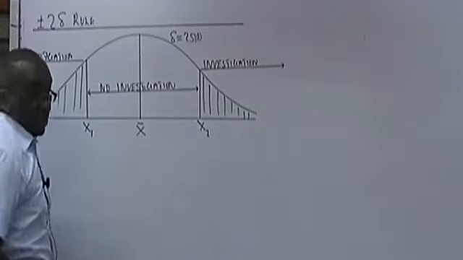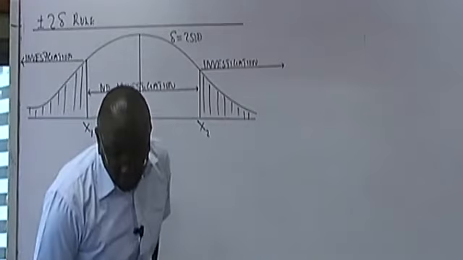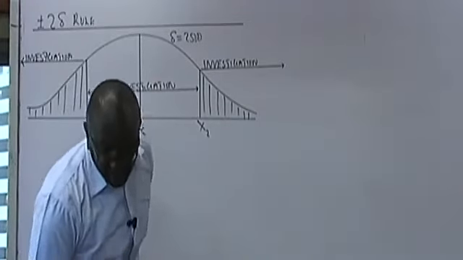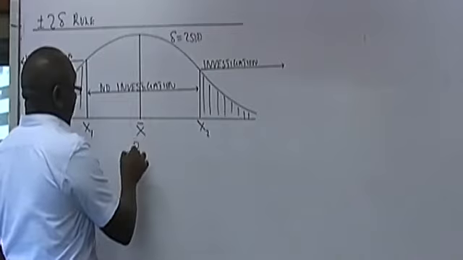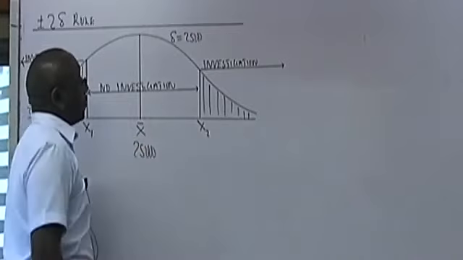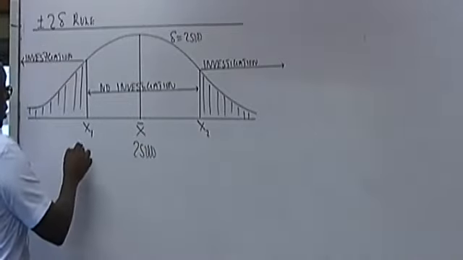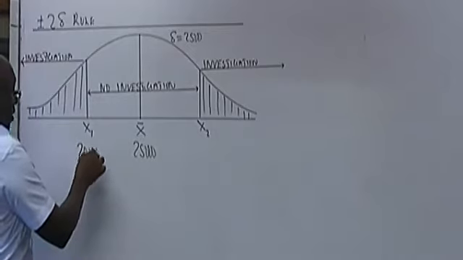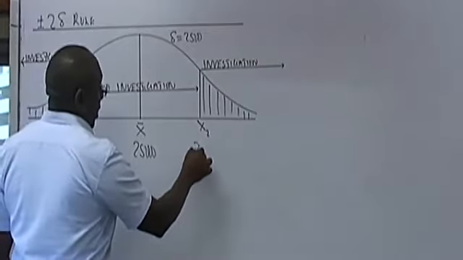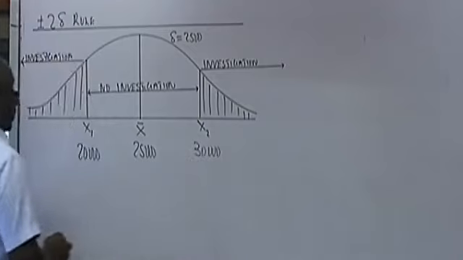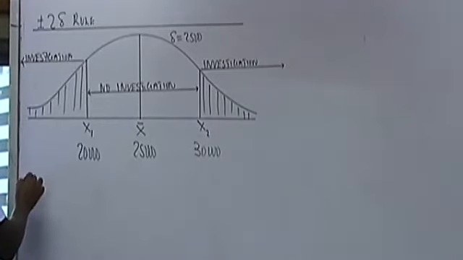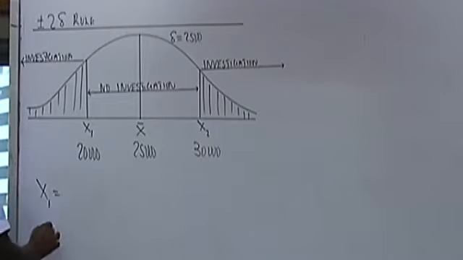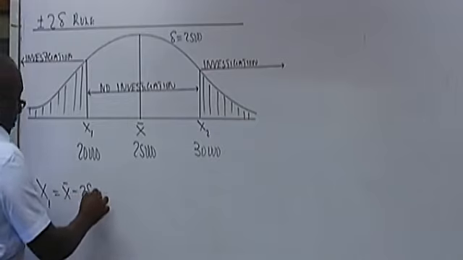And now the mean is 25,000. So this one will be 20,000 and this will be 30,000. So maybe we will say that X1 is X bar minus 2 standard deviation.